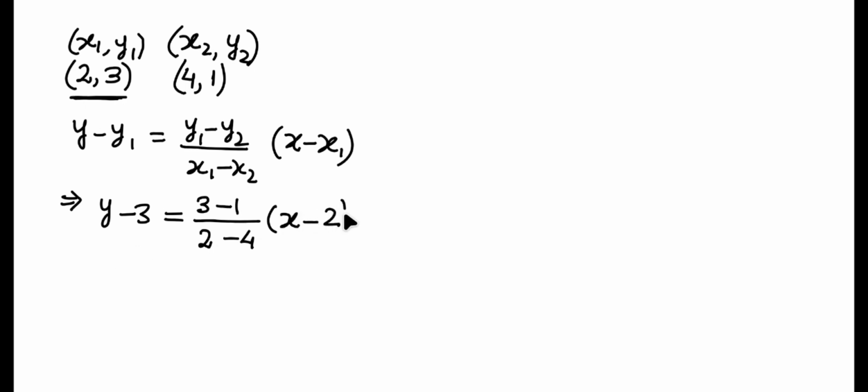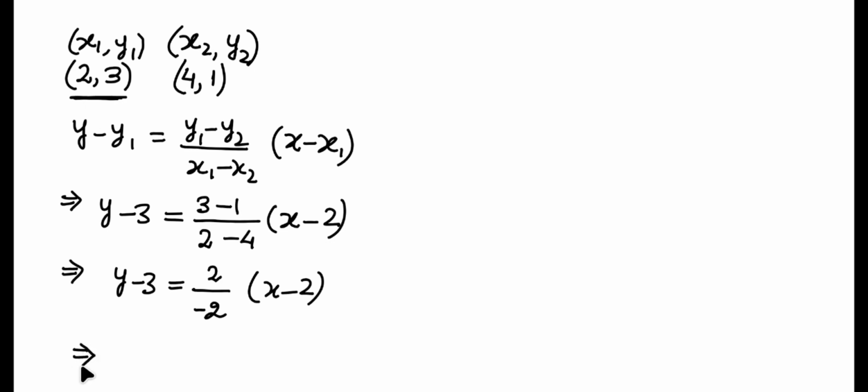Now the next step will be y minus 3 equals 2 over minus 2, times x minus 2, and from here this will be cancelled, and here it will be y minus 3 equals minus x plus 2.